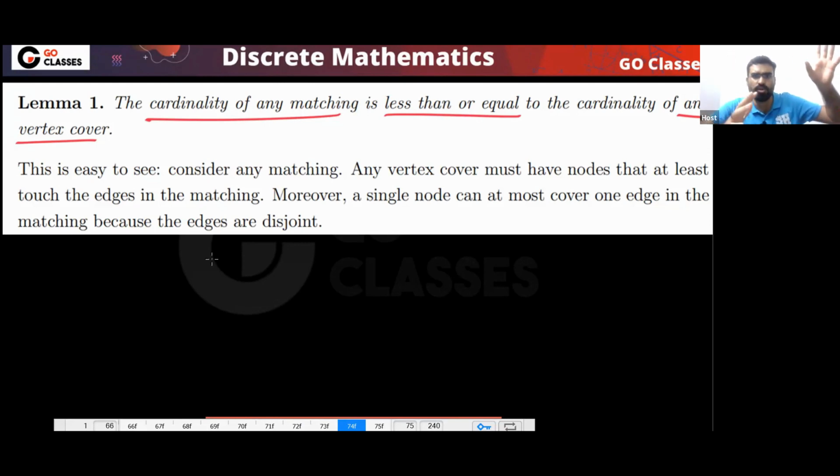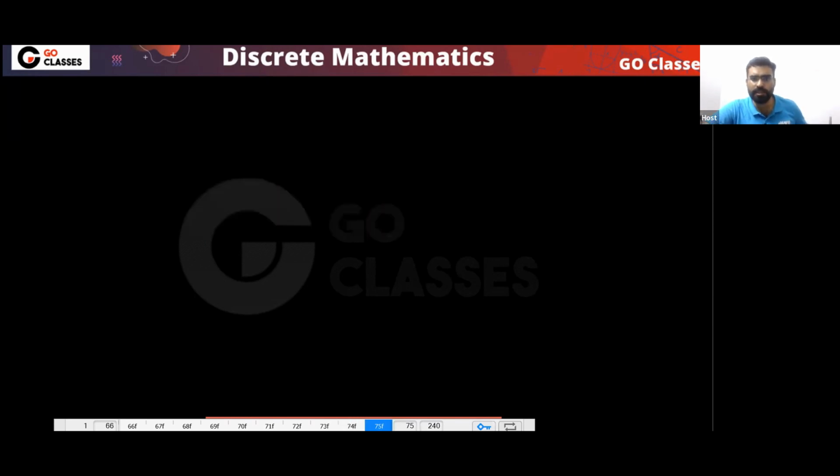There are other edges also, but to cover these edges of the matching, you need at least one vertex from each edge of the matching. So vertex cover size should be greater than or equal to matching size. Is this proof very clear? How many students have a clear idea of this proof?